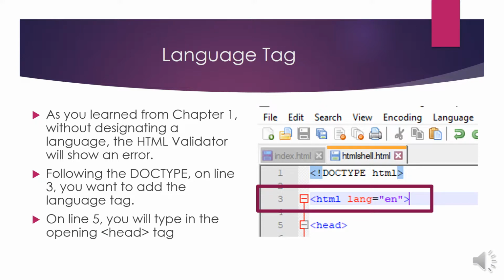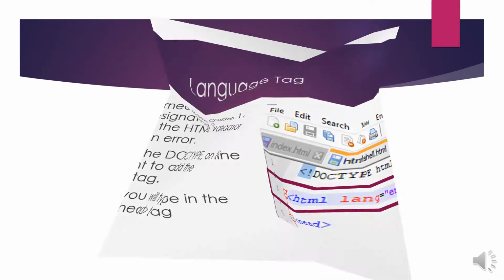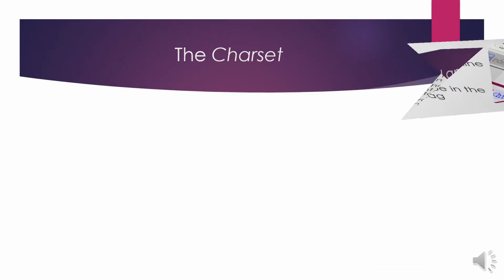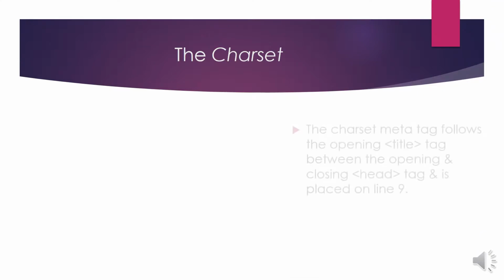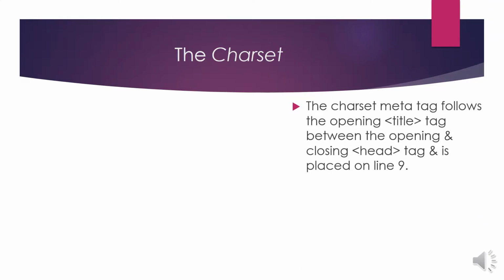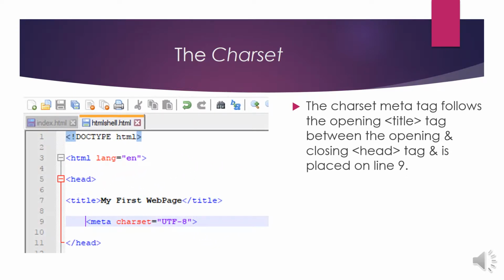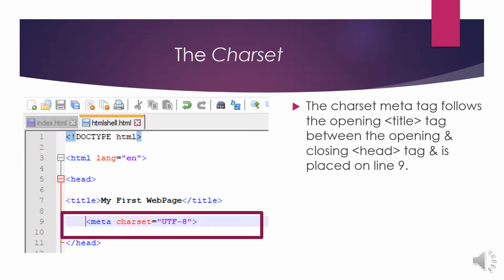On line 5, then, you will type in the opening head tag. Charset. The charset is a meta tag that follows the opening title tag between the opening and closing head tag. It's placed on line 9, and it is written starting with a left angle.